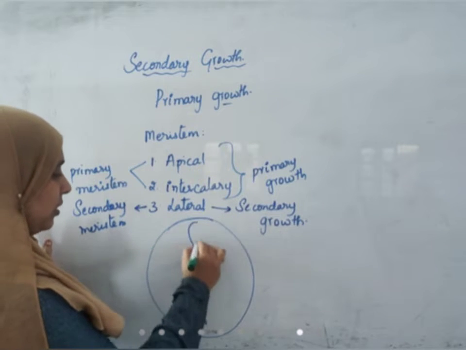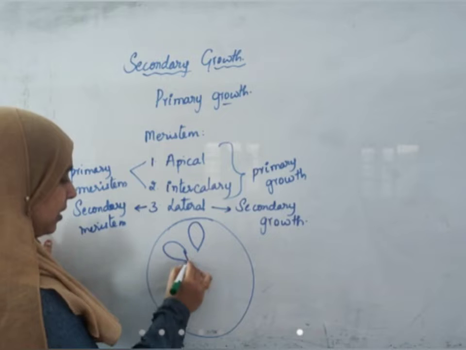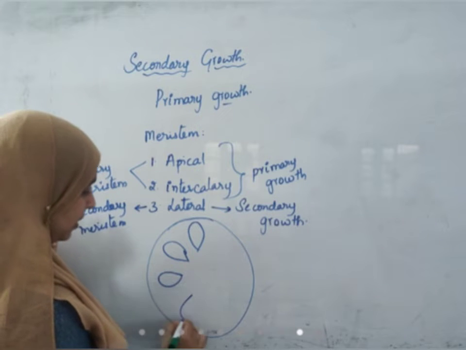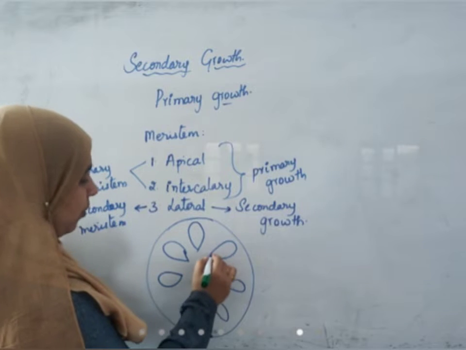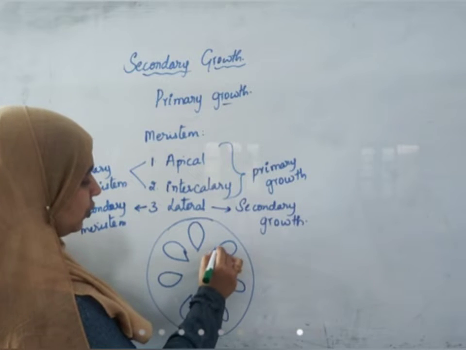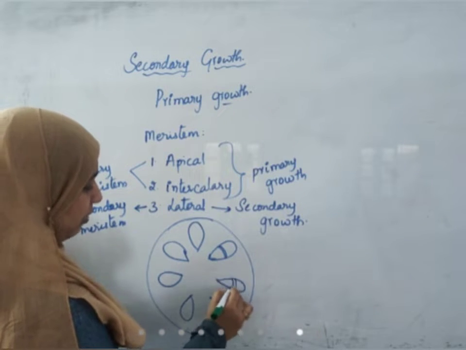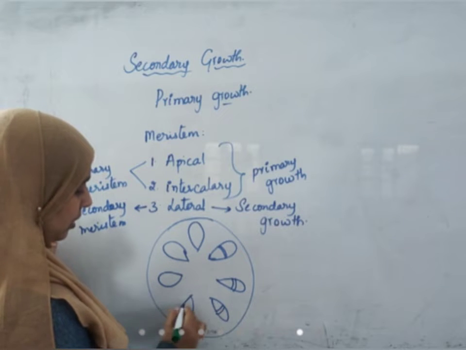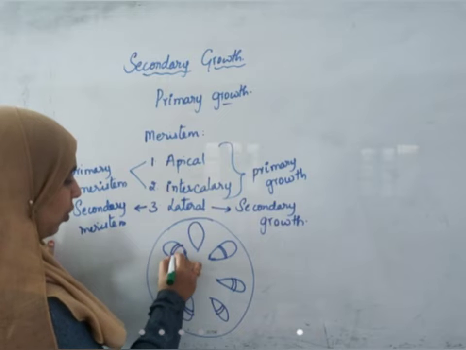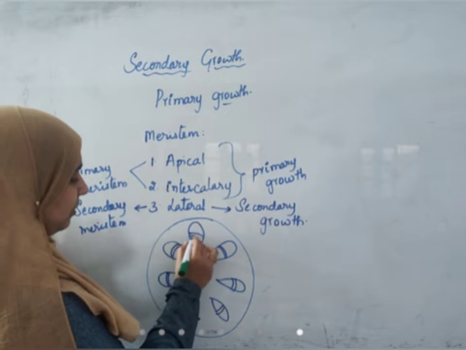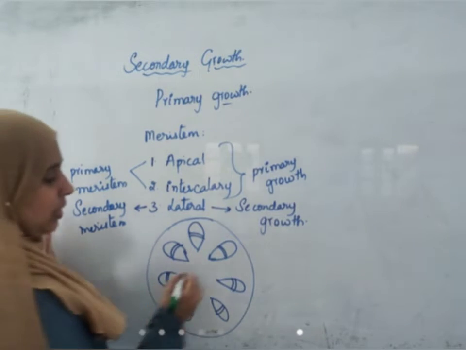So where is it present? When we discussed the vascular bundle, I told you that some vascular bundles, like those in dicot plants, have a small cambium tissue in between. This cambium tissue present between xylem and phloem is called secondary meristem, lateral meristem.